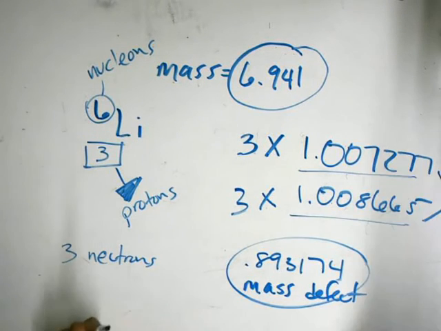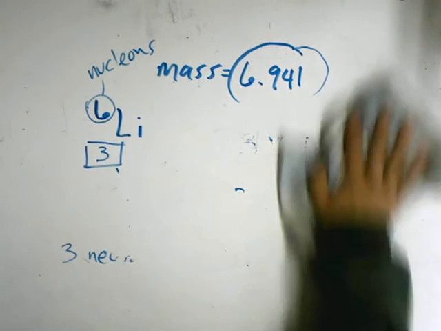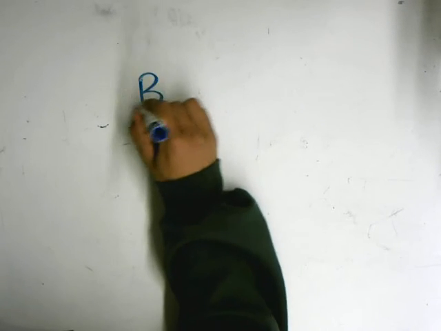Now we'll do a different one. We'll do beryllium. There's beryllium 9, 4.